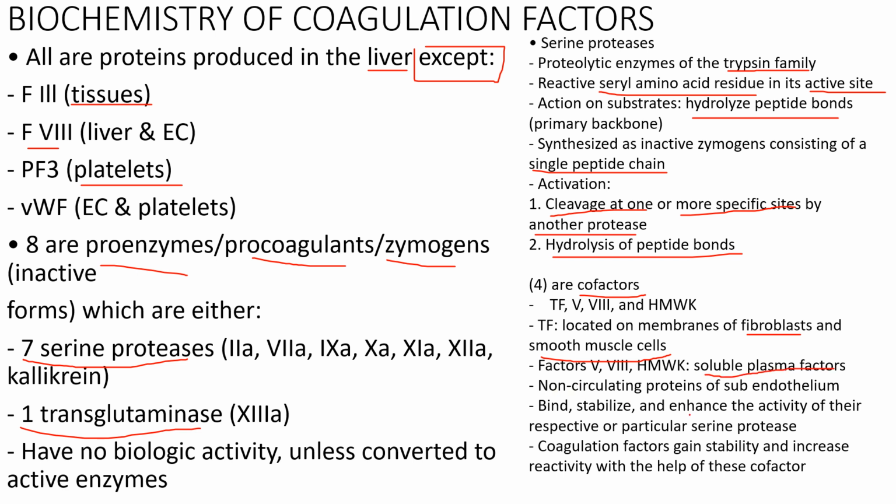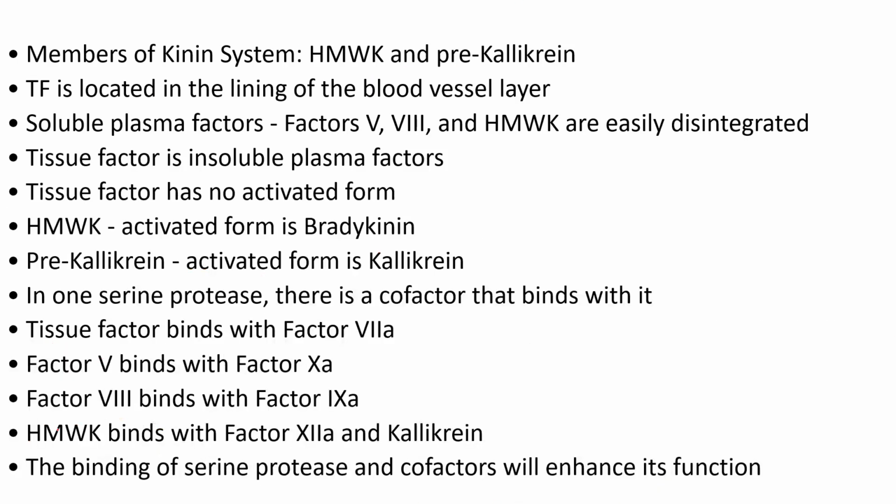They are non-circulating proteins of the subendothelium. They are able to bind, stabilize, and enhance the activity of their respective serine protease. Coagulation factors gain stability and increase their activity with the help of these cofactors.